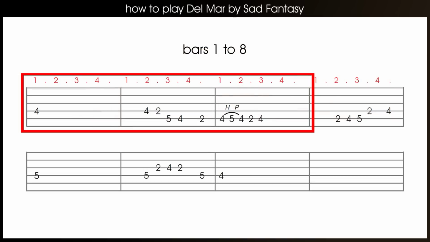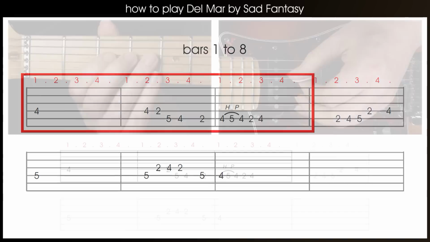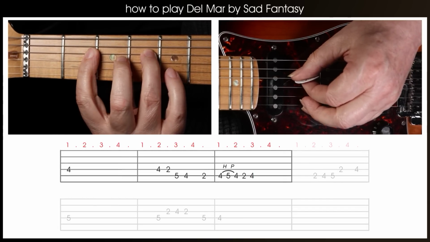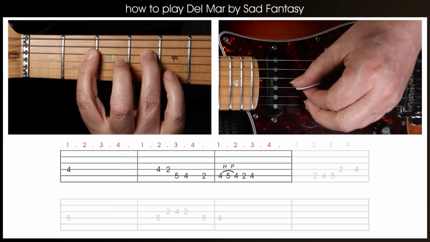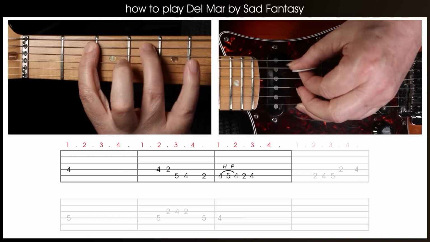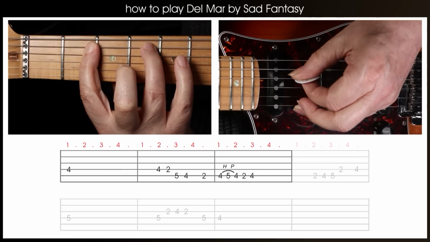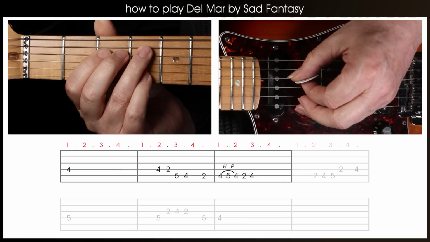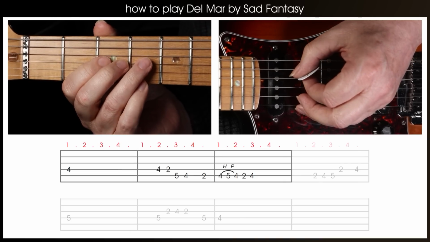Here that is again at the same speed with a 2-bar introduction, in case you want to try and play along with it. And here that is again one last time.